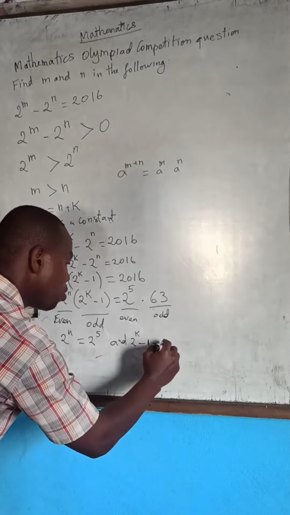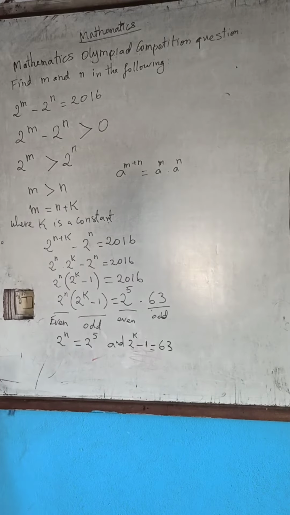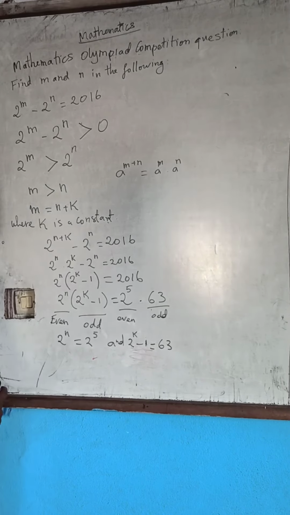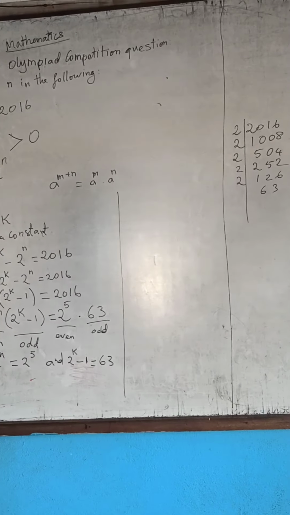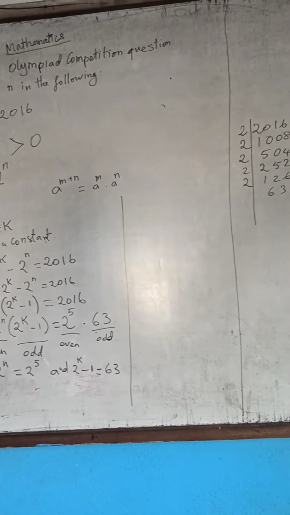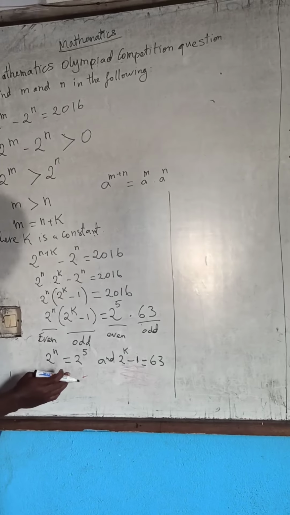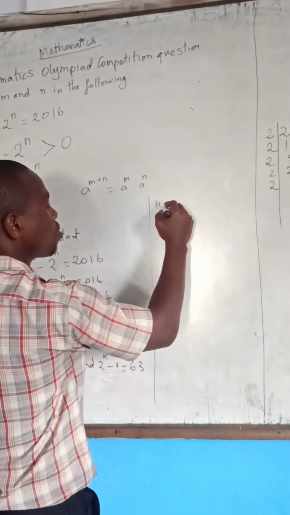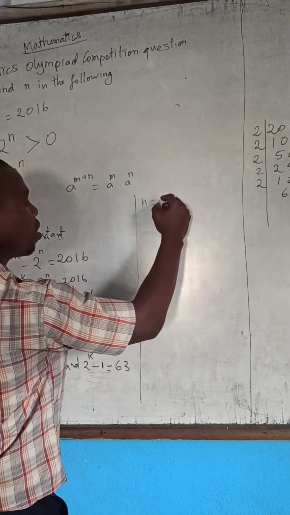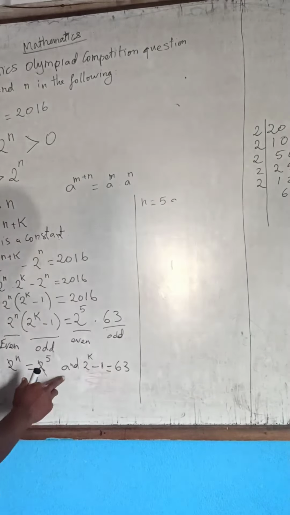From there, in the law of indices, when they have the same base like this, that means 2 cancels 2. So here we can get n is equal to 5.